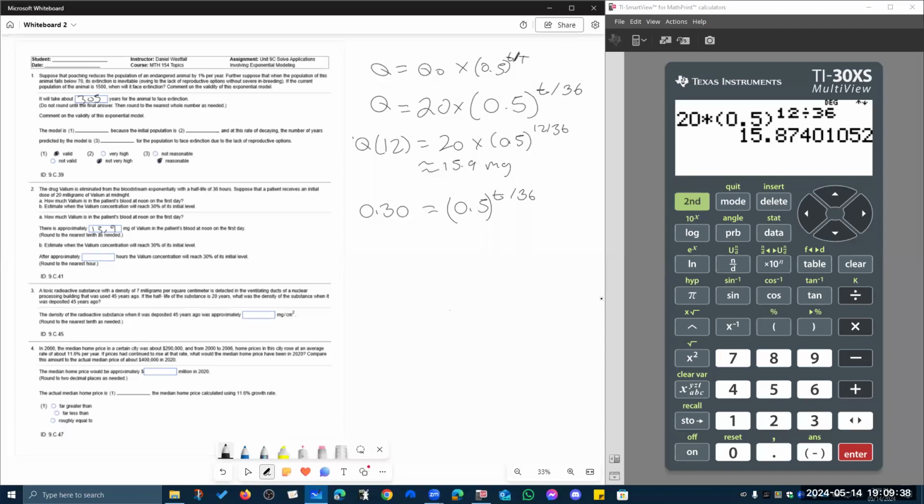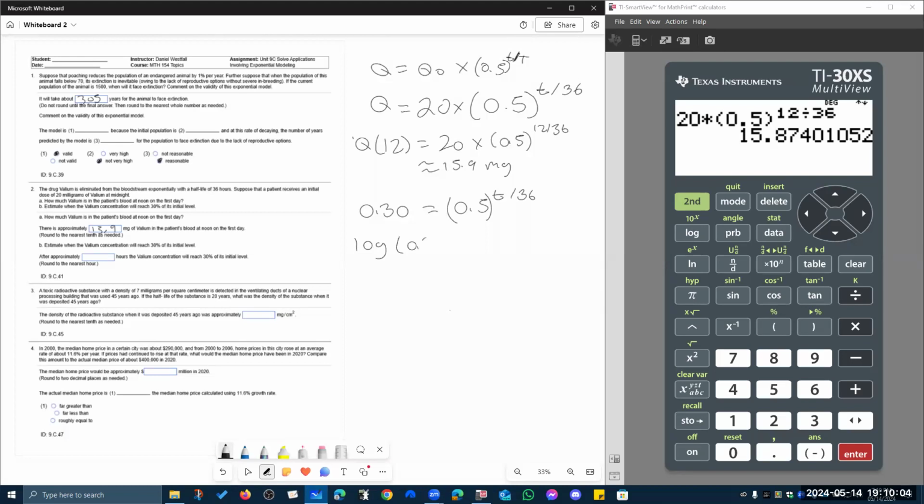We've done this division to find the percentage of what's remaining. We converted that percentage to a decimal here, and have what's left on the right-hand side of the equation. We're going to use a log here. We used ln last time. Let's use log this time.